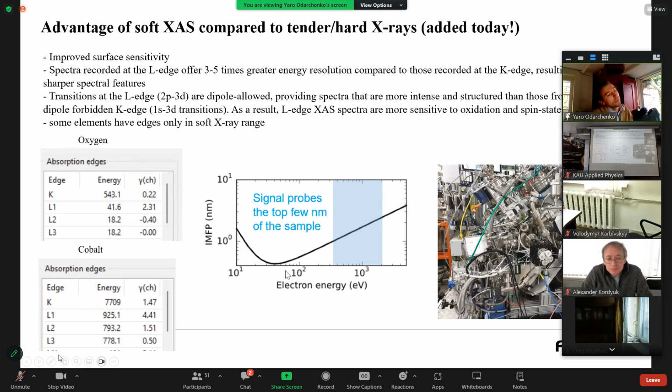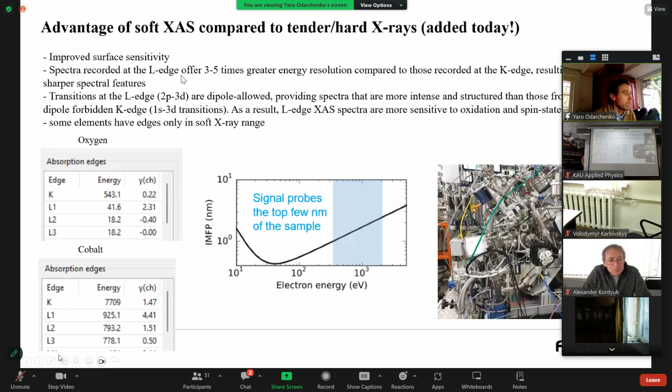And basically what I'm trying to say here is that if we're working in the soft X-ray regime, I mean here like 10 to thousands of electron volts, exactly at this point we can probe the few nanometers of the surface of the sample.